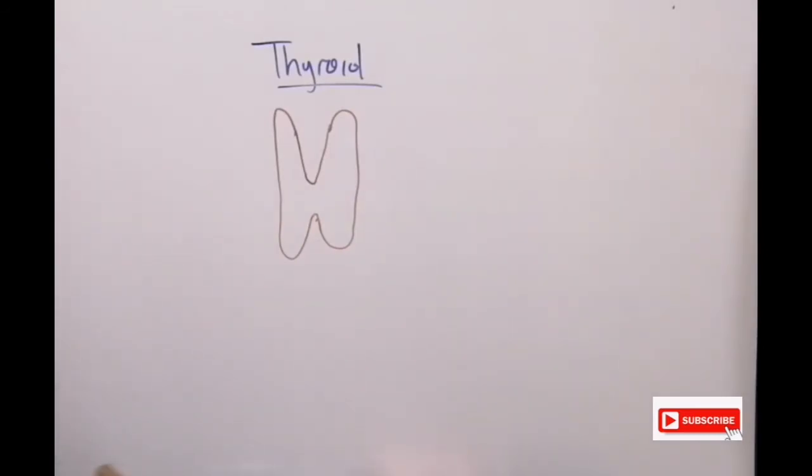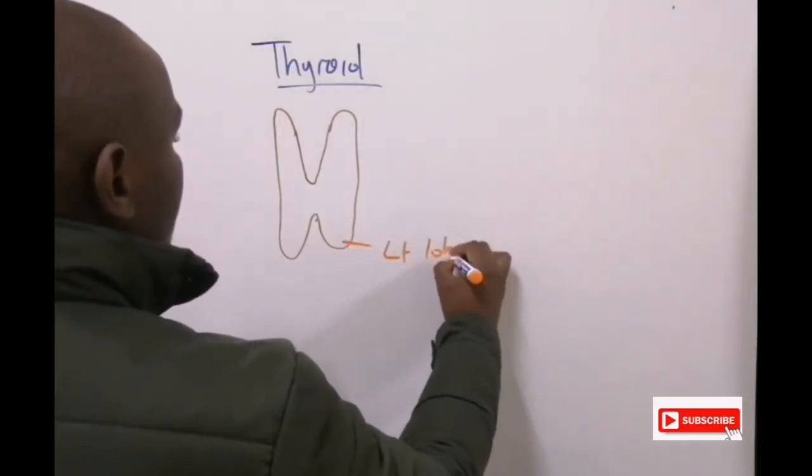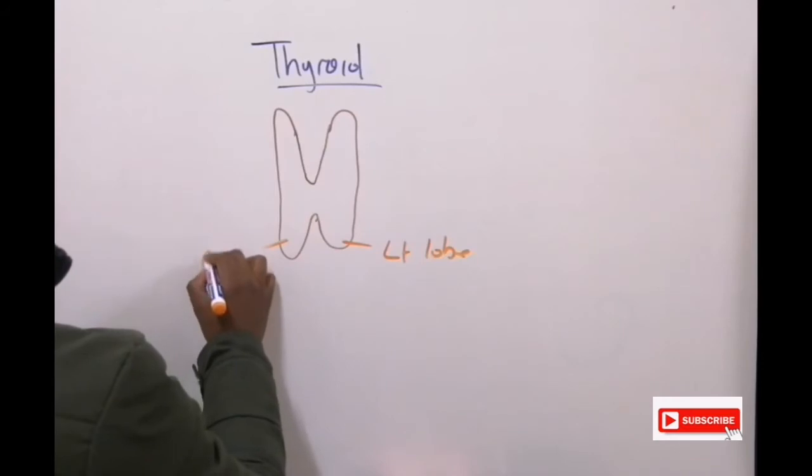It's found in the anterior neck, just below the thyroid cartilage, and it has two lobes. This is the left lobe, and this is the right lobe.